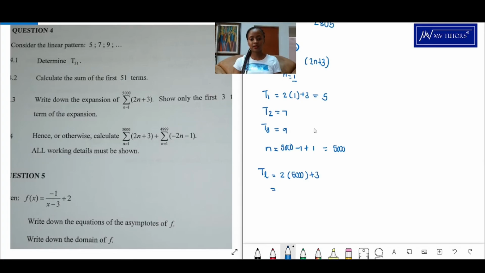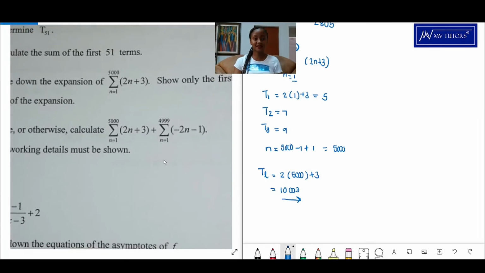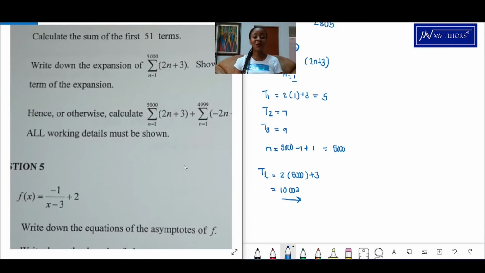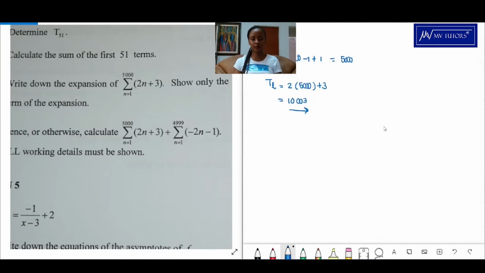Okay, so that's basically 10,003. That is the last term. Okay, and now they say hence or otherwise calculate this. Okay, all working details must be shown. Okay, so let us attempt it. This is now 4.4.